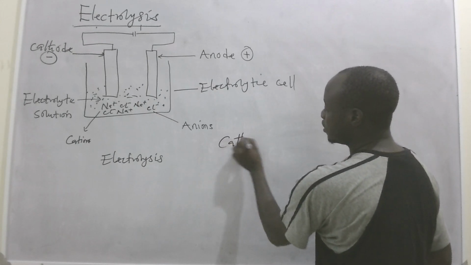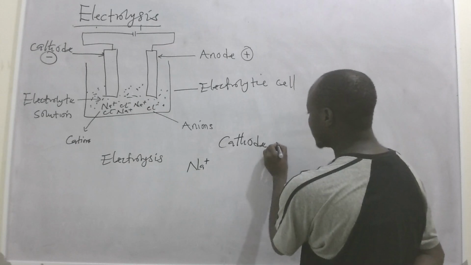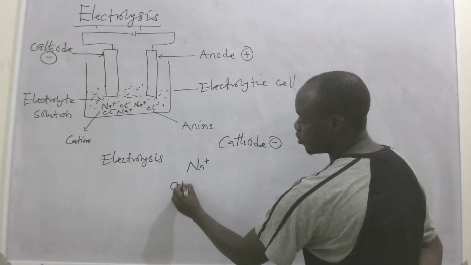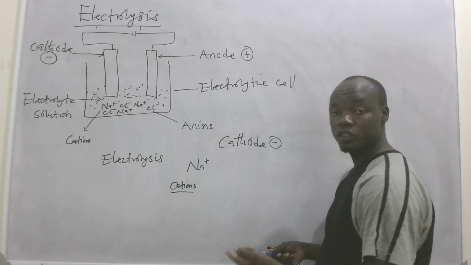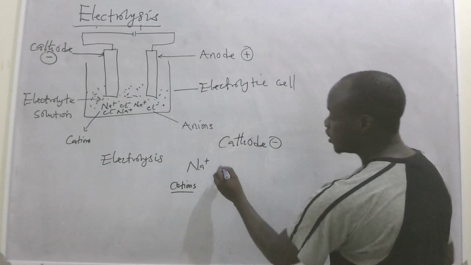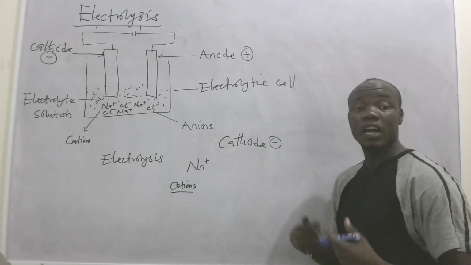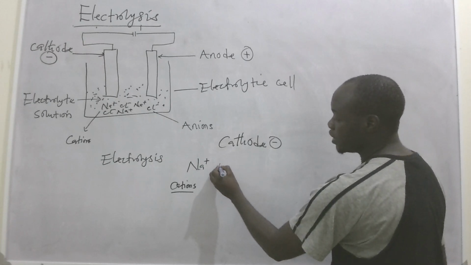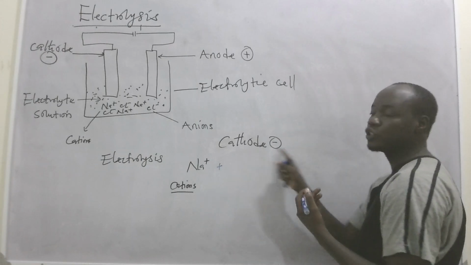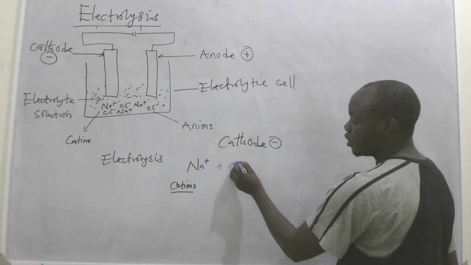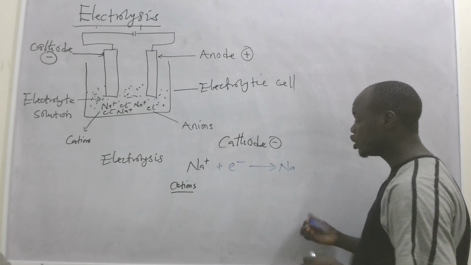The cathode is negatively charged, so the sodium ions migrate toward it. Because the cathode has excess electrons, the sodium ion will accept electrons from the cathode to become sodium metal. So at this stage, we have sodium metal.